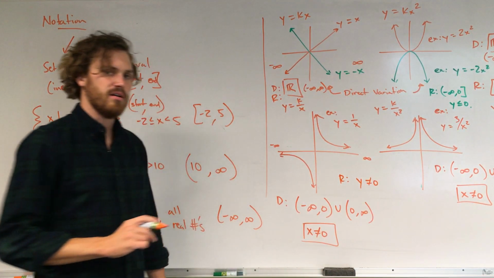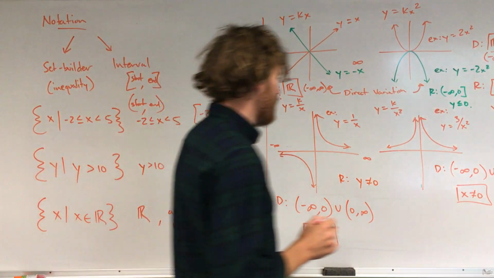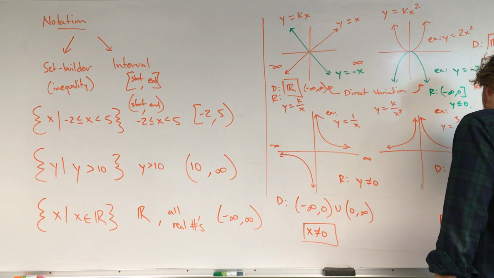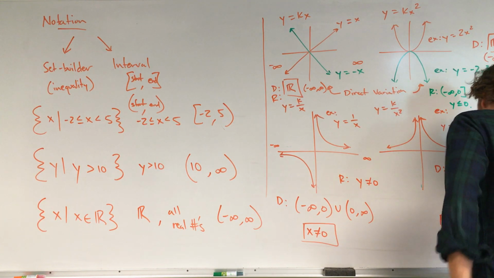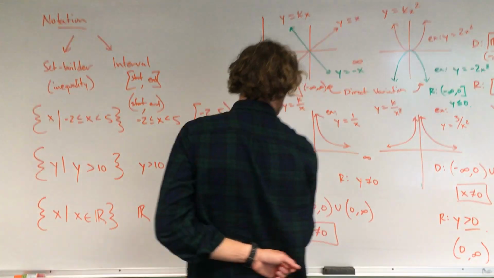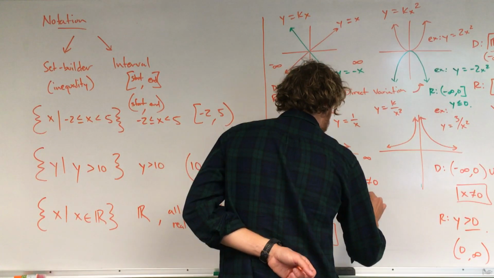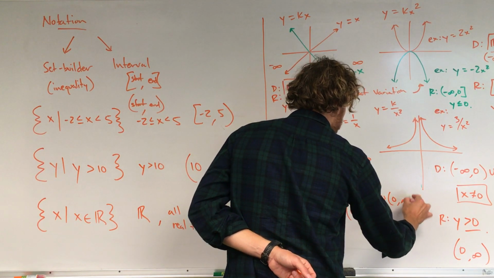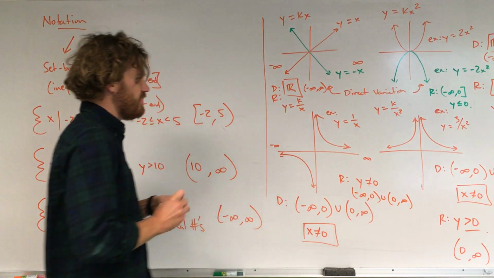It can equal anything else, but it can't equal 0. And over here, our range would be y is greater than 0. Or we could write 0 to infinity, not including 0. And over here, we could write negative infinity to 0, not including 0, union 0 to infinity. So a number of different ways to write these.